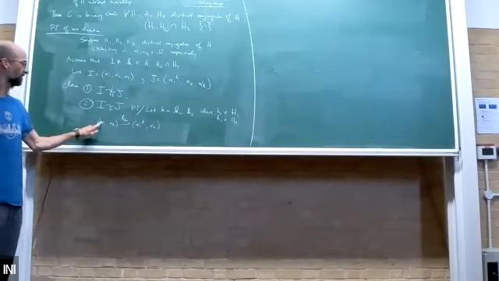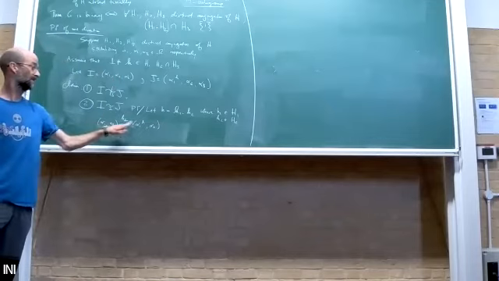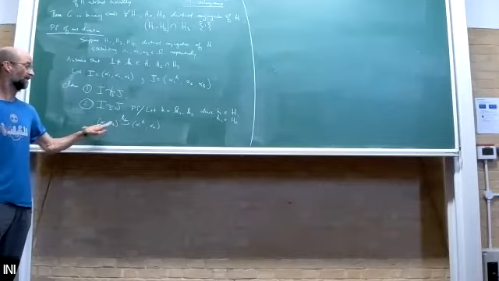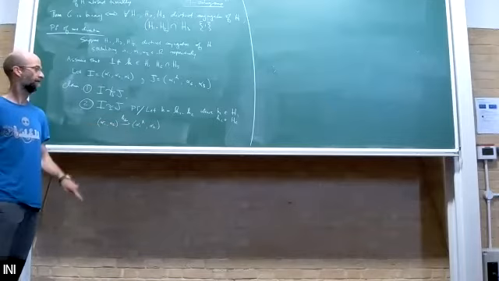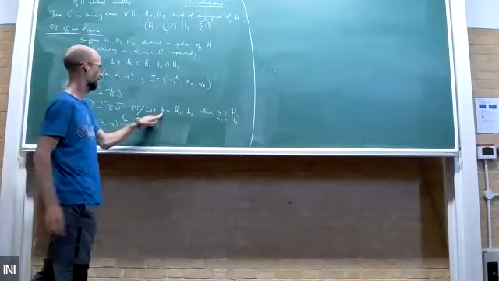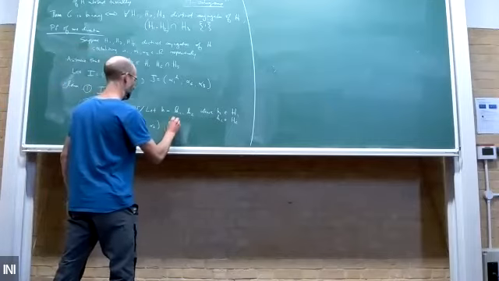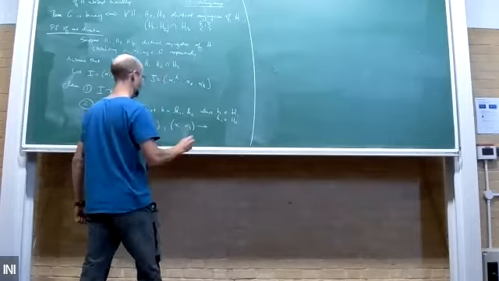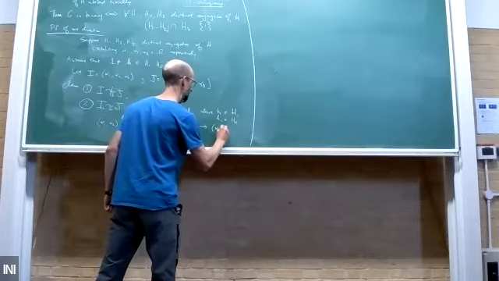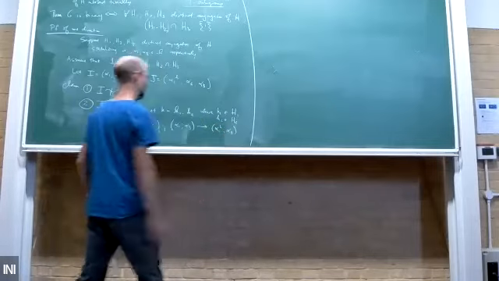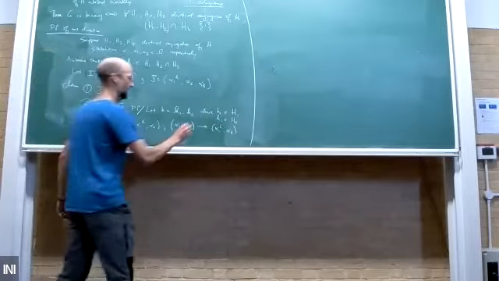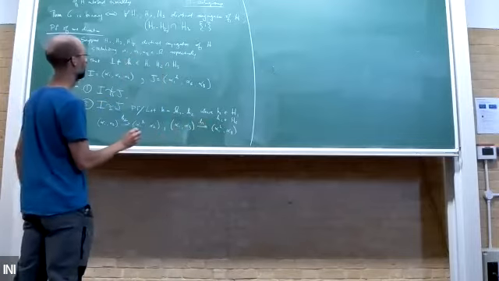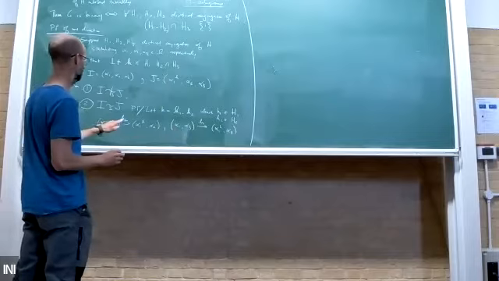If I map across by h2, that will fix alpha 2 because h2 is inside there, and it does the same thing to alpha 1 as h does, because it's equal to that. And then similarly, I want to map (alpha 1, alpha 3) to (alpha 1 h, alpha 3). Then I think all I have to do in this case is use h1.